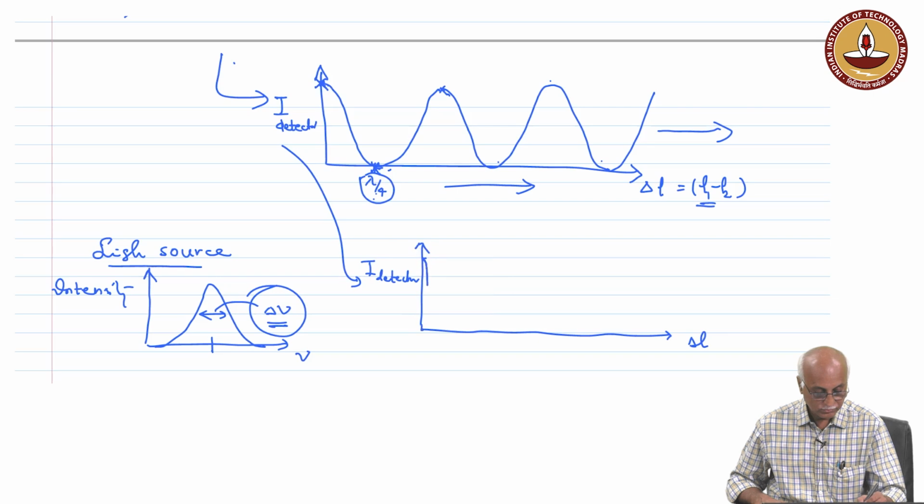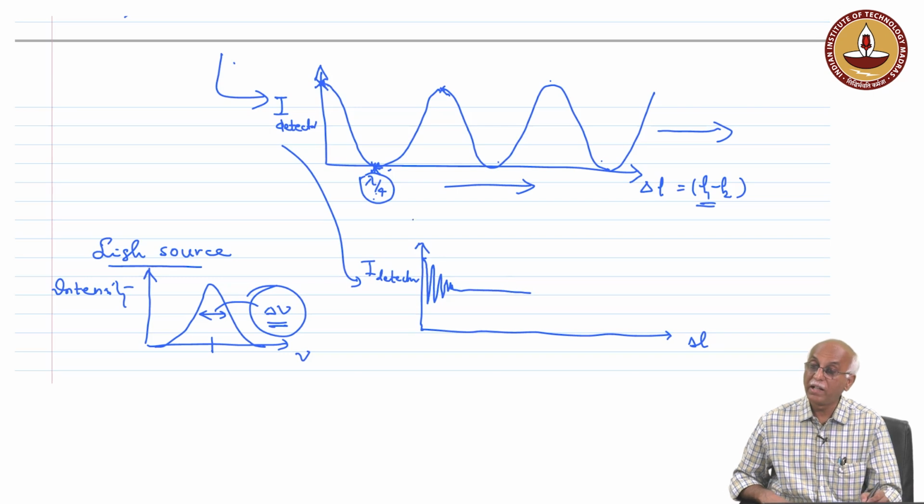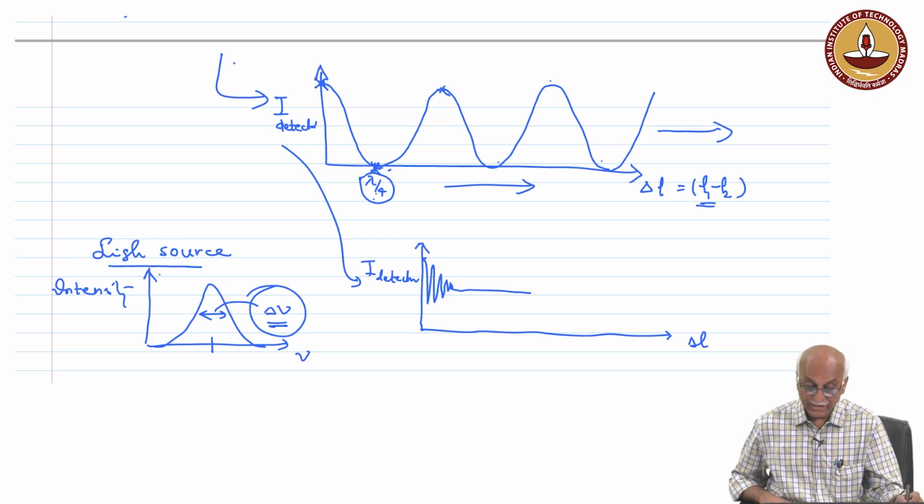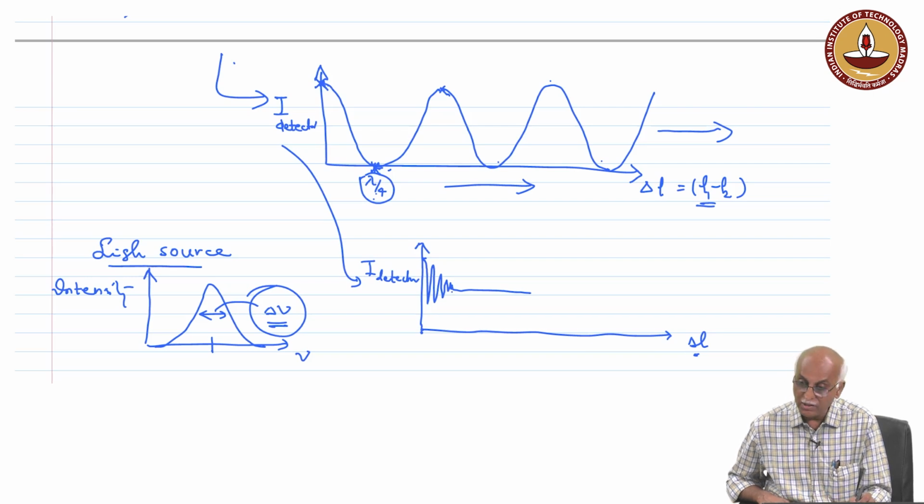But as the path length changes, if the light source has a bandwidth delta nu, the intensity variation will be very large when the path difference delta L is very small, almost 0, at maximum intensity variation, but it slowly changes as the path length increases and reduces to some average value.